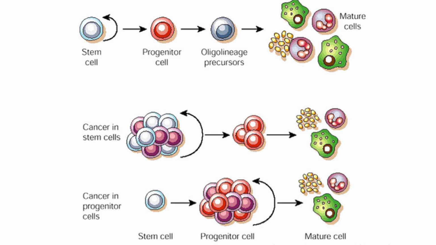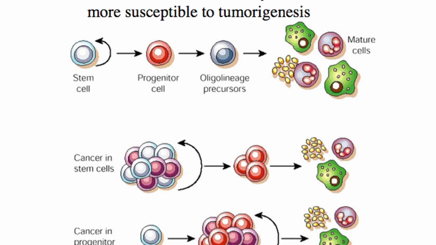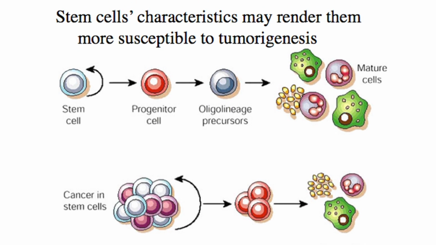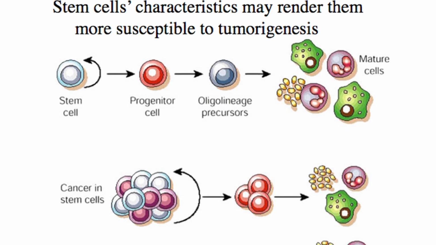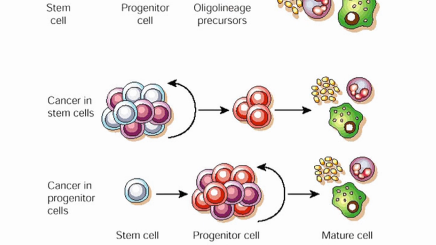And this is along with the idea that, as I mentioned to you, perhaps because stem cells have these unique properties of self-renewal and differentiation, it's possible that they might be the cells that are more likely than any other cell to give rise to a tumor. On the other hand, a progenitor cell is still able to divide, and perhaps if a progenitor cell got the right mutation, it could just as equally go on to form a tumor. And then the other hypothesis would be that the more mature differentiated cells could also give rise to a tumor.